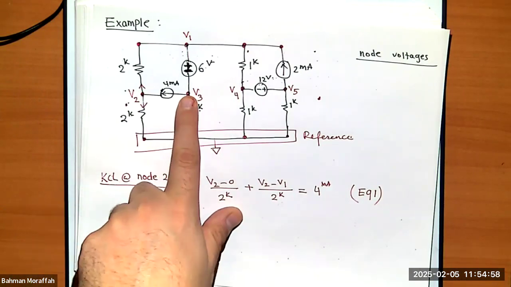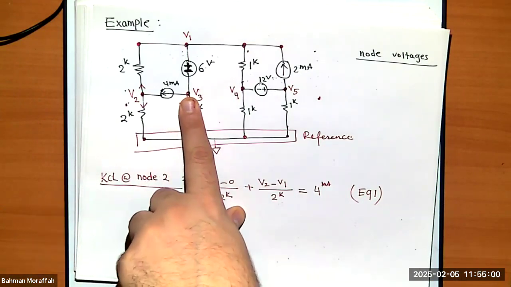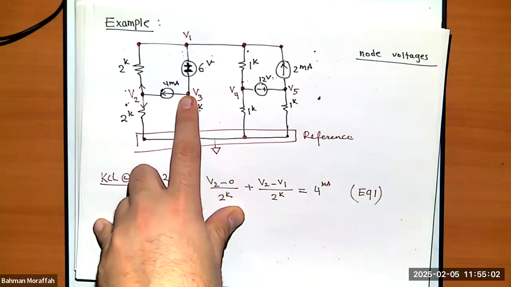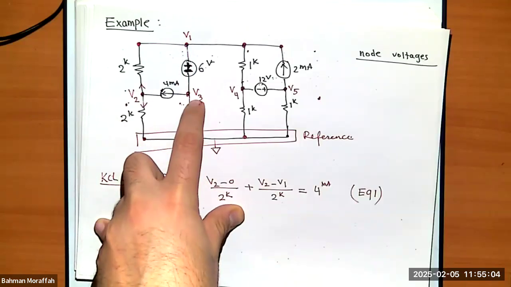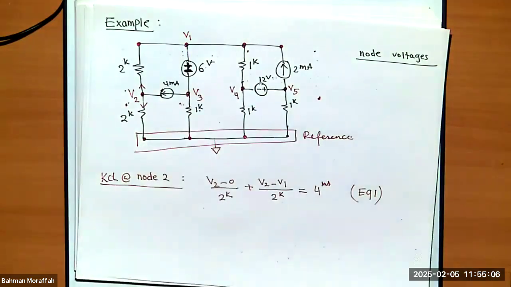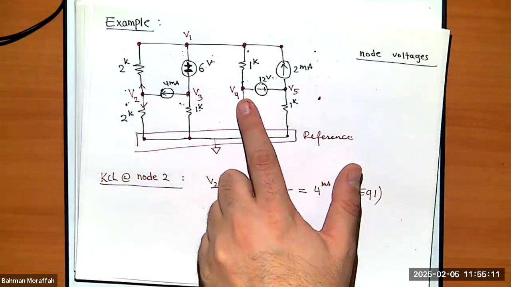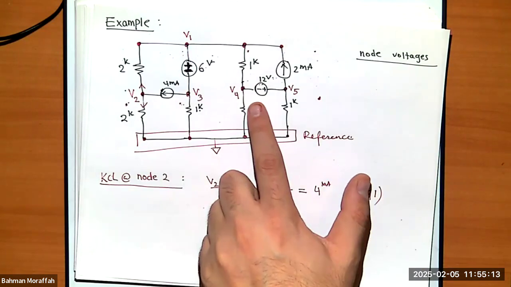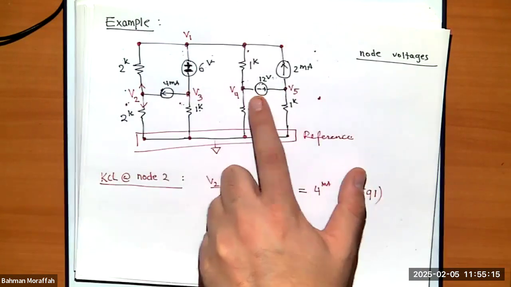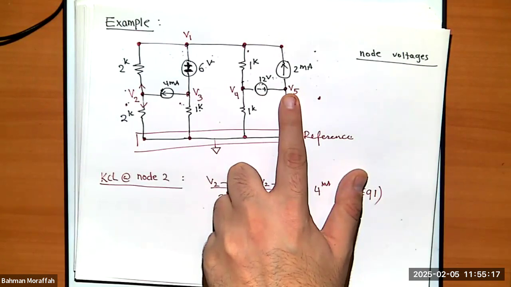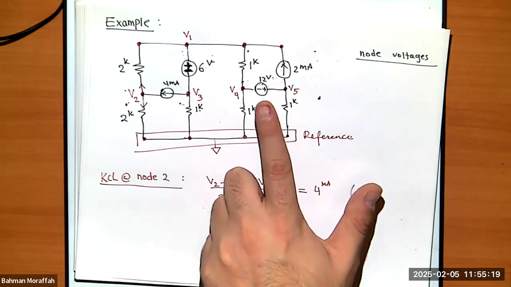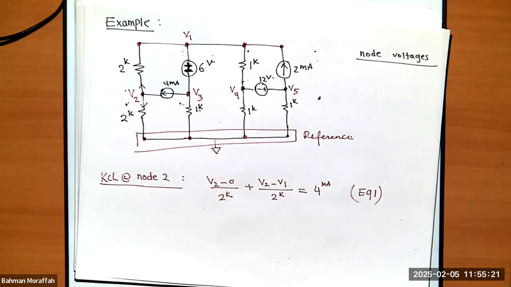Can I write a KCL at node 3? For the exact same reason as V1, I cannot write a KCL at this node. Let's move on to V4. Can I write a KCL at this node? Again, I can't because I don't know the current here. How about here? Still no. So what was the idea?